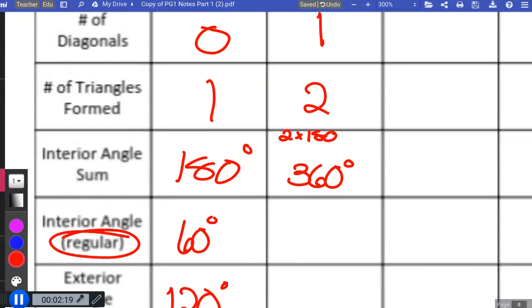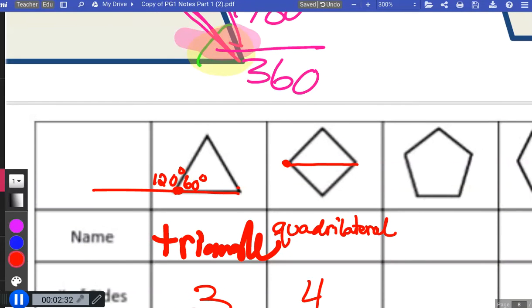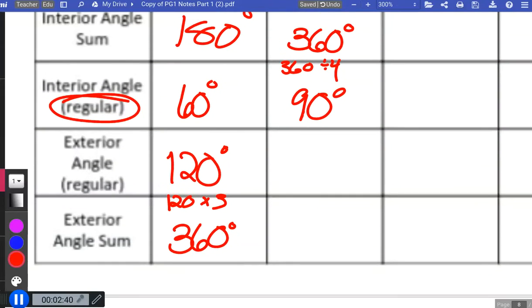And then on a regular one, so on a square, we're going to split that evenly among the 4 angles and get 90 there. If each of our interior angles is 90 degrees, then our exterior angle is also 90 degrees. And there are 4 of those, so our exterior angle sum is 360 degrees.